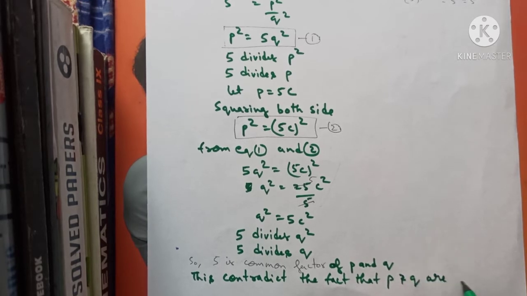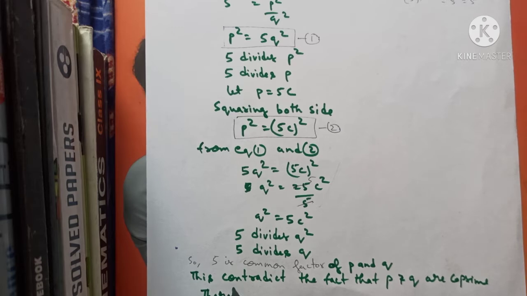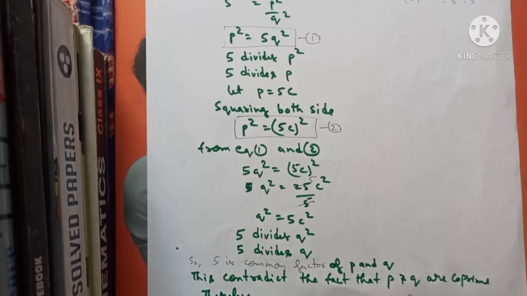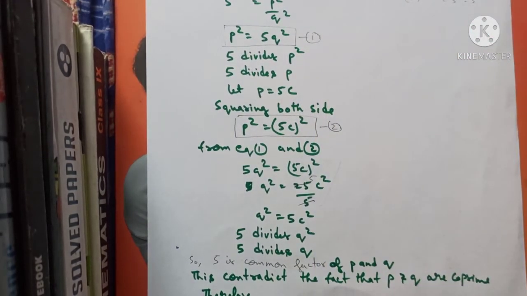Thus, we say that the assumption that root 5 is rational is wrong. Therefore, root 5 is an irrational number.